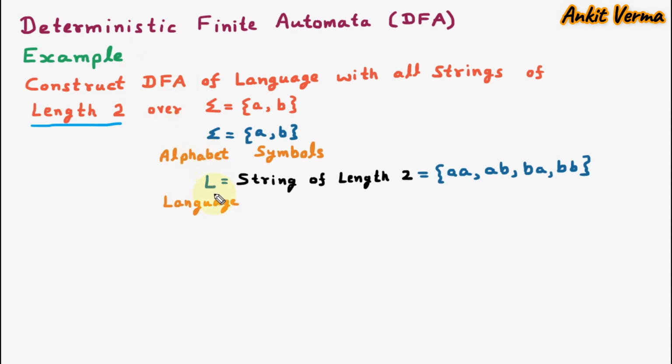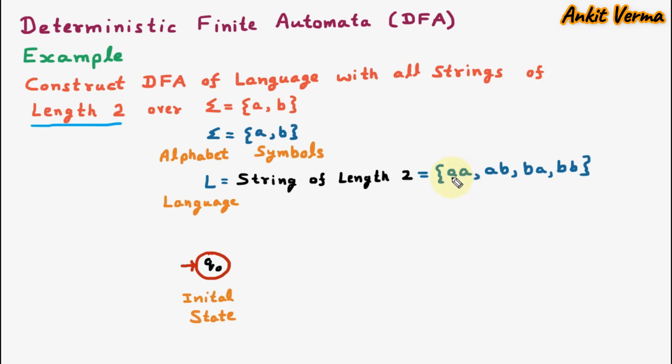A DFA always has an initial state. So here I am drawing the initial state, which is represented by a circle with an incoming arrow. Let us assume this state is given the name Q0. Now we are designing the DFA step by step. The first step is to find the string of minimum length, but here all are of length 2, so we can pick any string at random.